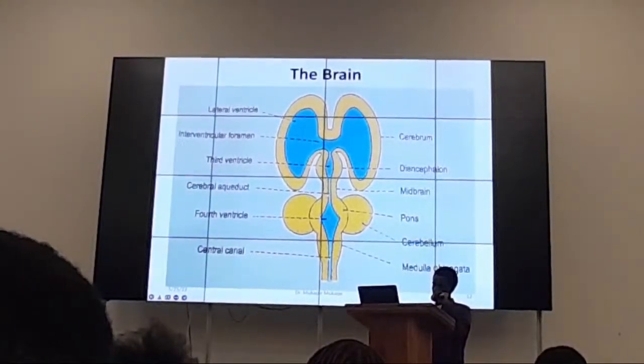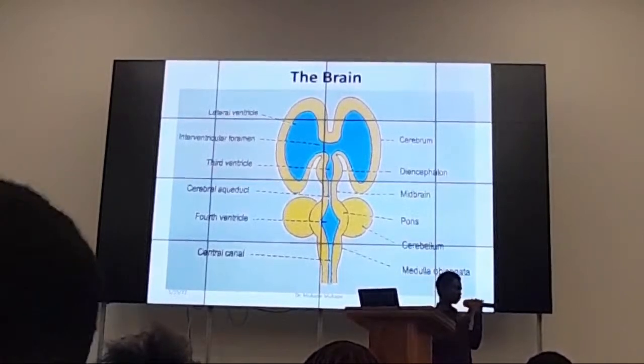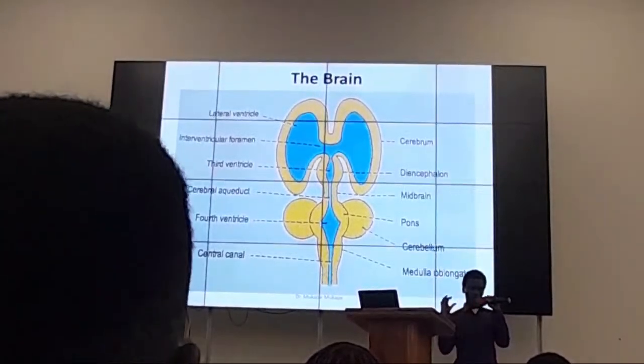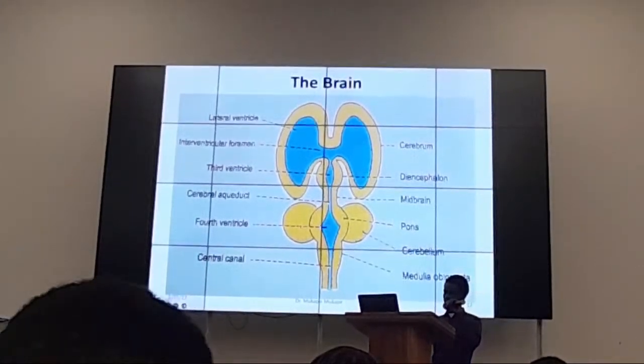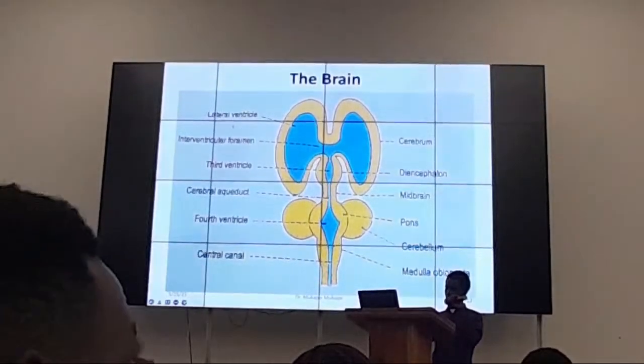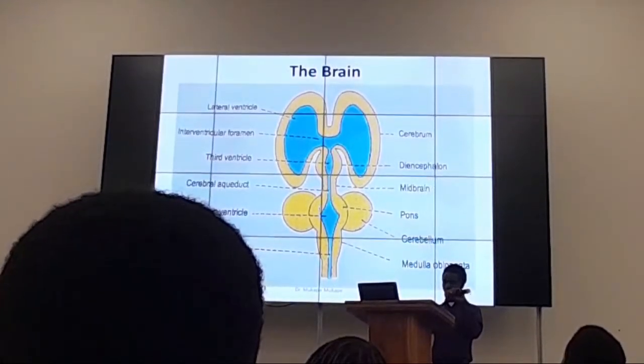The entire ventricular system is lined by ependymal cells, which form an epithelium-like structure called the choroid plexus. So we find choroid plexus in the lateral ventricles, third ventricle, and fourth ventricle.